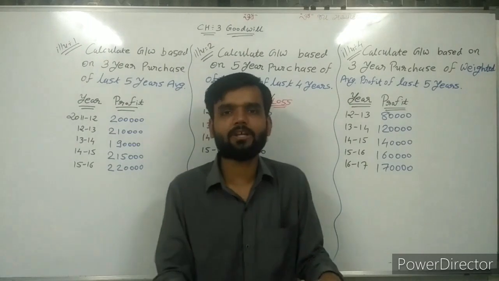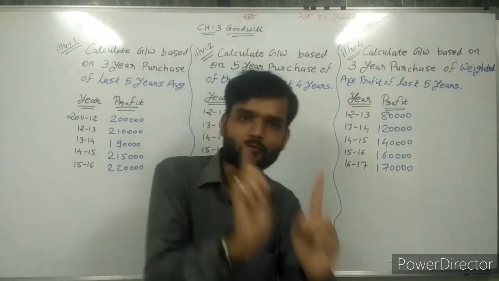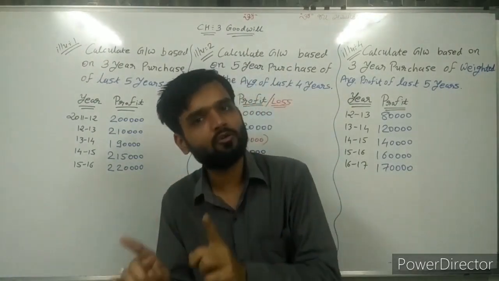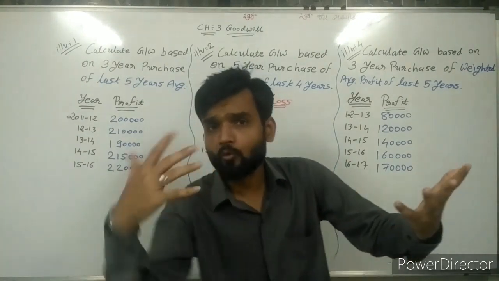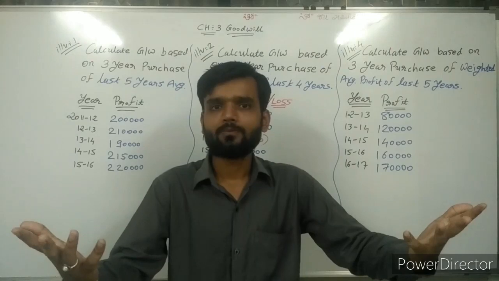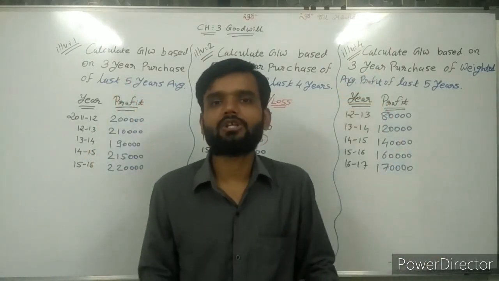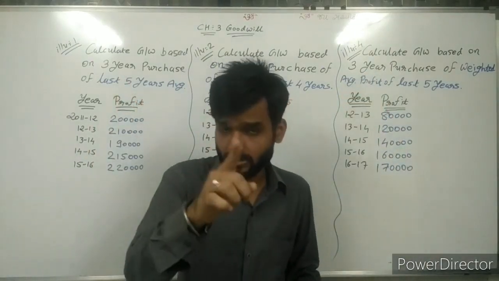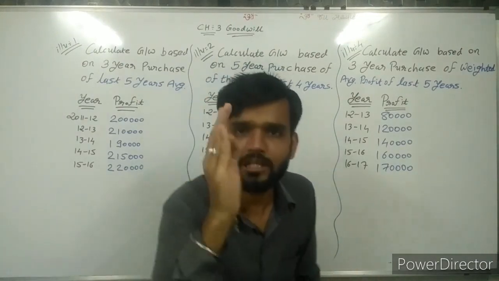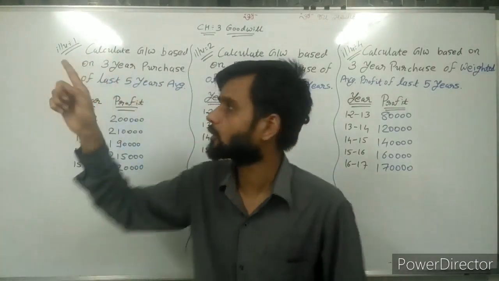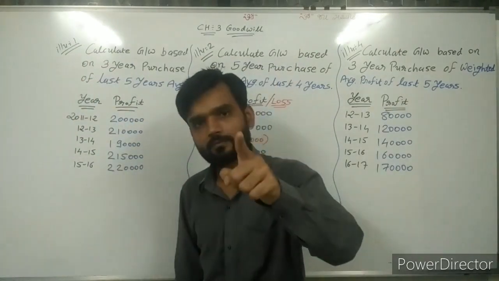Now this is the clarification of when we can give weight and when we cannot, when the simple average method can be used and when the weighted average method can be used. But you have to apply your mind only when information is clearly not given.